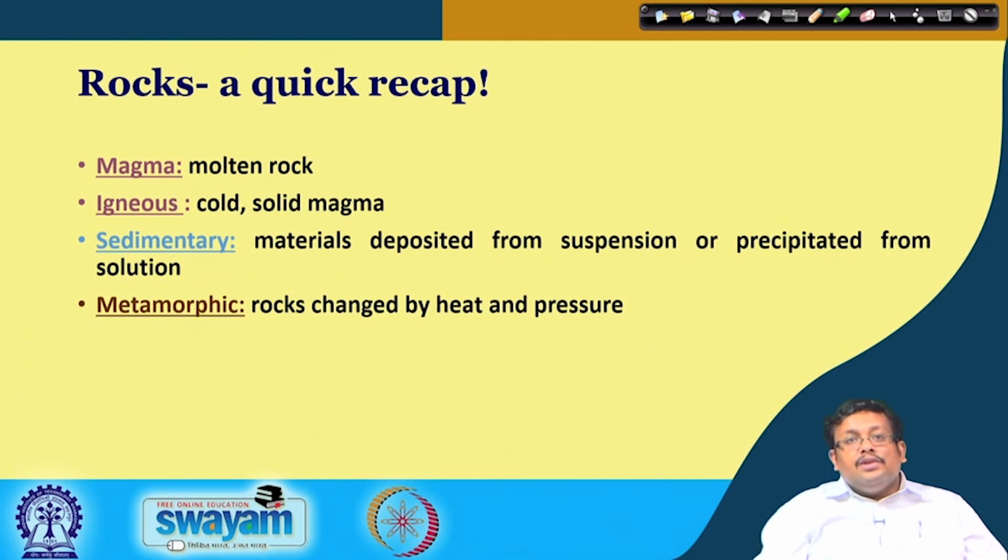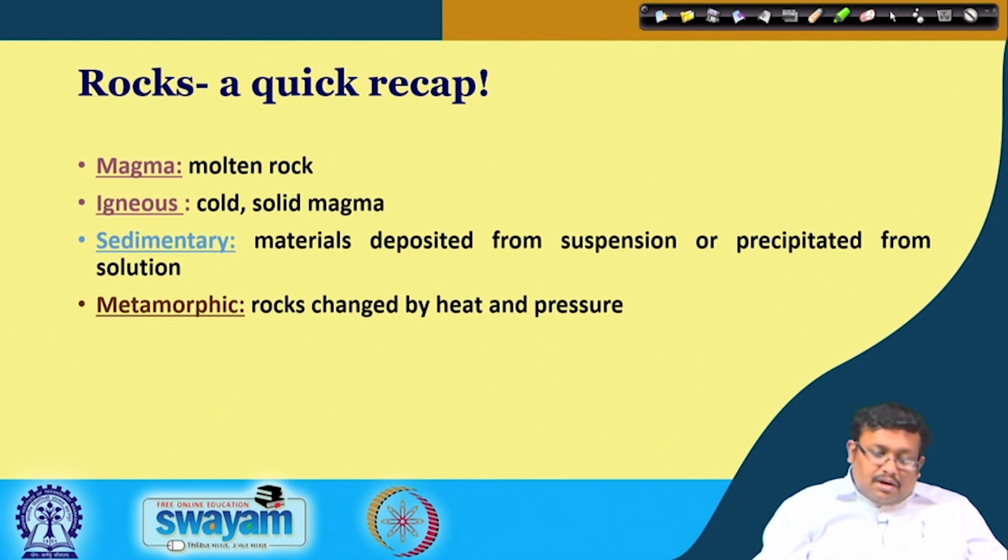Sedimentary rock occurs from material deposited from suspension or precipitated from solution, whereas metamorphic rock forms from change in heat and pressure, and it is a transformed form of both igneous as well as sedimentary rocks.